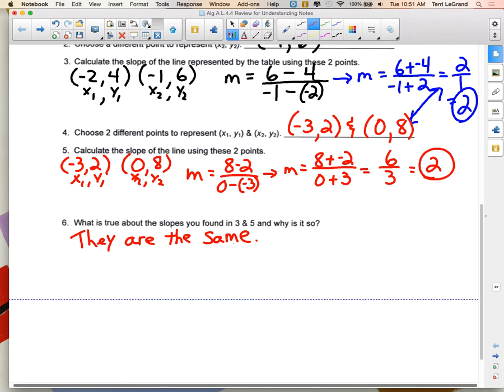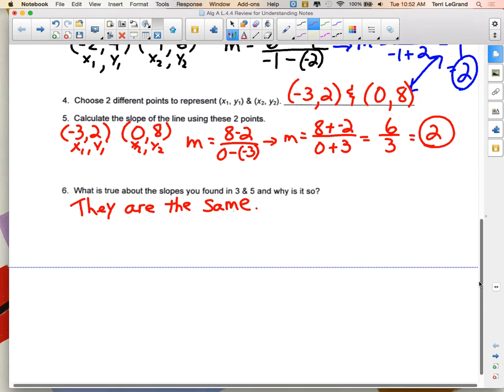Why should they be the same? Do we have a reasoning that we could put here that makes this look like we know what we're talking about? Samuel? Because the first one we found was a positive, so the second one we found should be a positive also because the line would be positive.